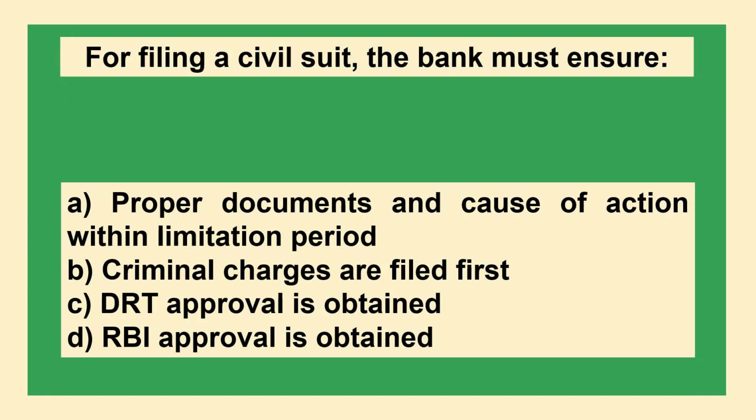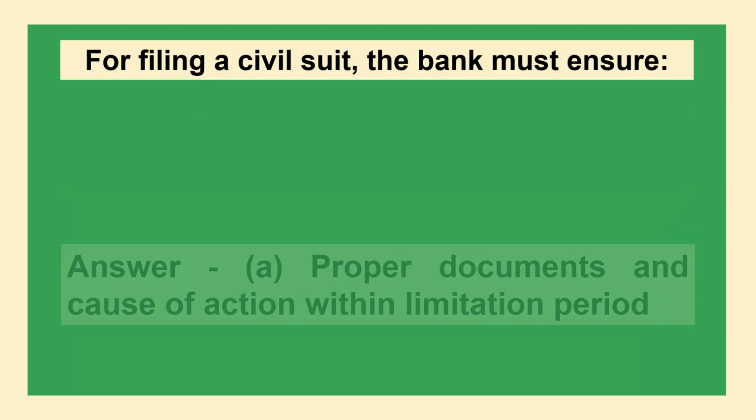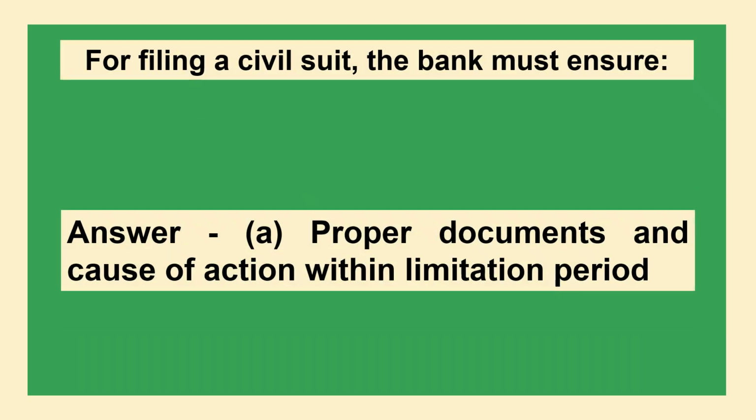For filing a civil suit, the bank must ensure option A, proper documents and cause of action within limitation period, option B, criminal charges are filed first, option C, DRT approval is obtained, option D, RBI approval is obtained. The answer is option A, proper documents and cause of action within limitation period.